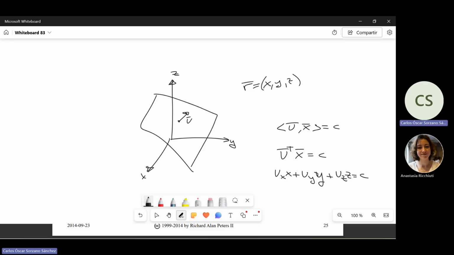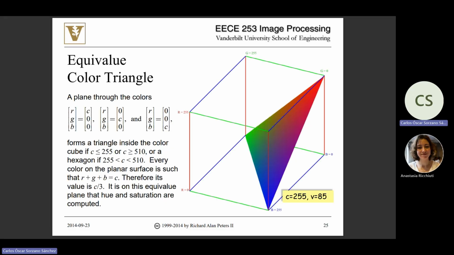So if we look at this plane, R plus G plus B equals C, that is the equation of a plane. So R, G, and B are the coordinates. So this is x, y, z, and u_x, u_y, u_z is 1, 1, 1. Okay. So this is a plane that is perpendicular to the direction 1, 1, 1. The direction 1, 1, 1 is this diagonal here in the cube. And this is the plane perpendicular to that direction when C is 255.